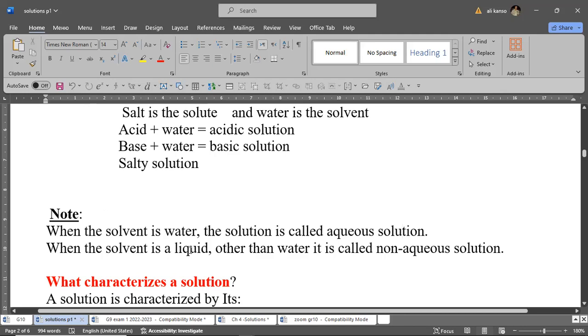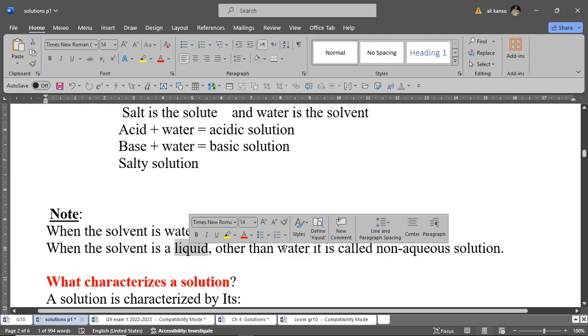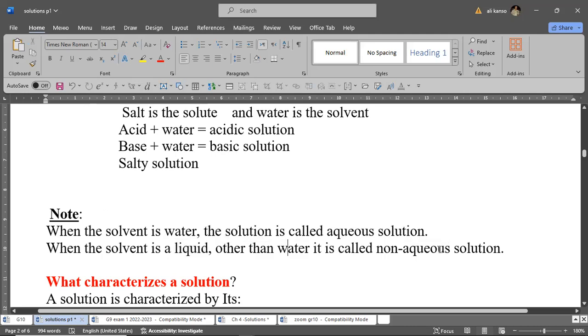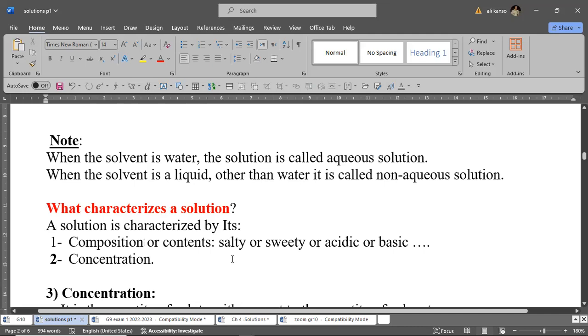When the solvent is a liquid other than water, it is called a non-aqueous solution. In our curricula, we have to deal only with aqueous solutions. Water is the solvent. Is it okay, Noah?